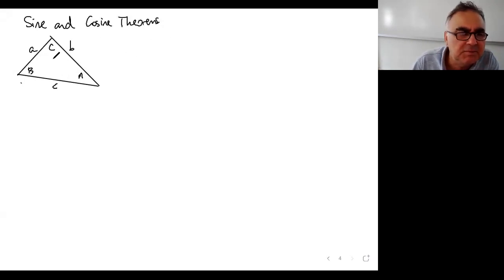The cosine theorem says that c squared, the square of this side, is a generalization of Pythagoras theorem.